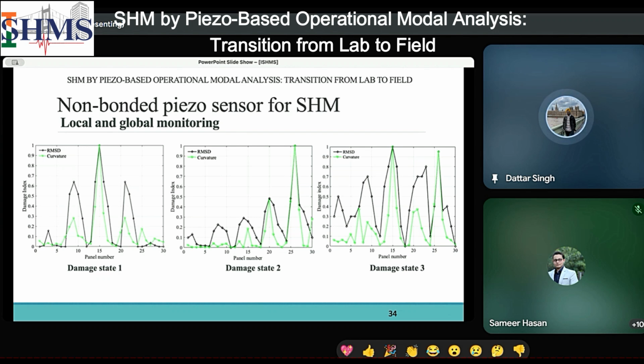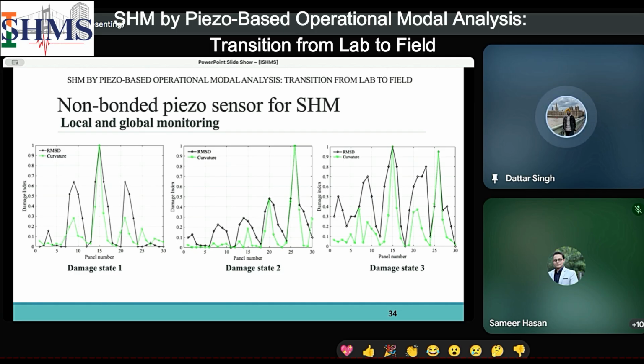We can also see that both the curvature and RMSD spread out to the elements adjacent to the actual damage location. So this might also lead to false damage detection if we are talking about a significant threshold, or if we are talking about no significant threshold, based on the data.